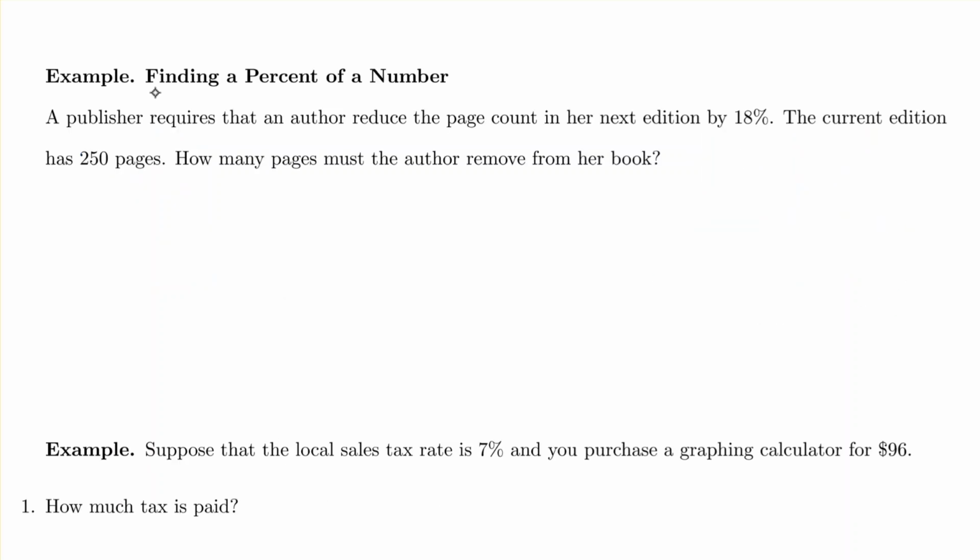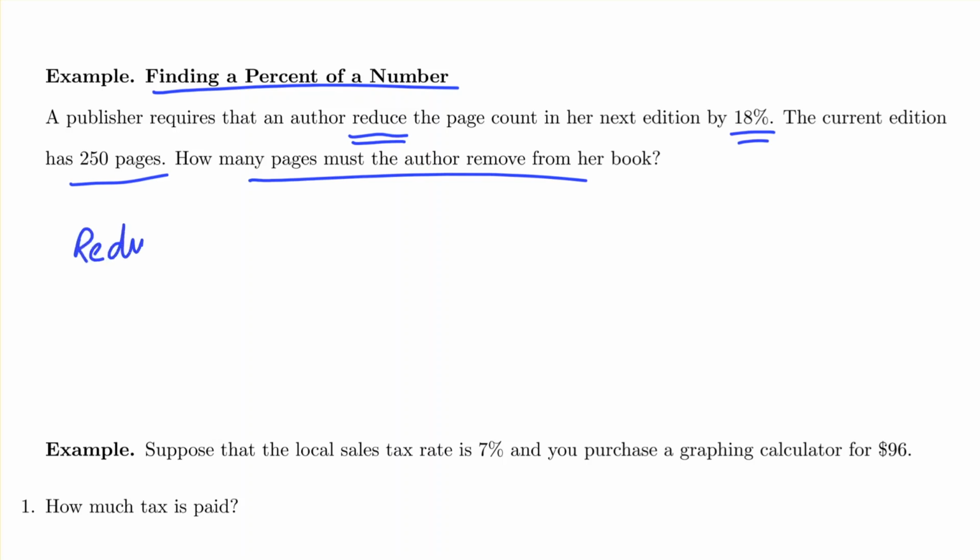So next we're going to go over how to find a percent of a number. So let's read this word problem. It says a publisher requires an author to reduce the page count, let's underline reduce, by 18%. It is currently 250 pages. How many pages should we remove? So we want to reduce 250 by 18%.